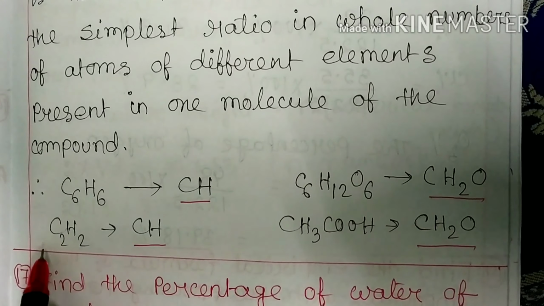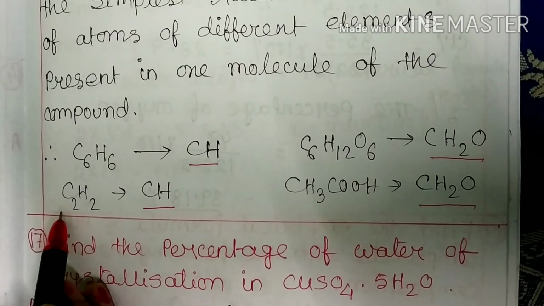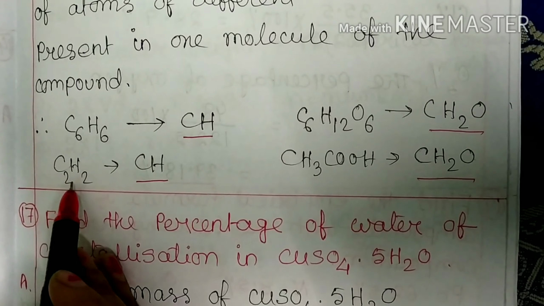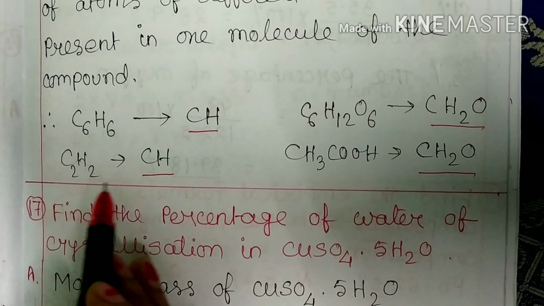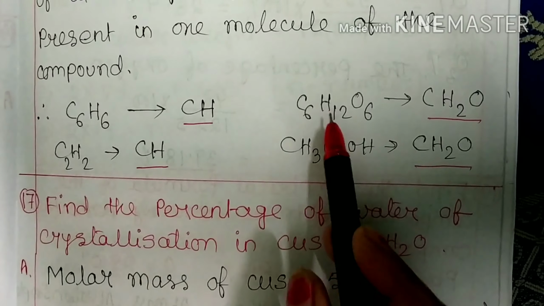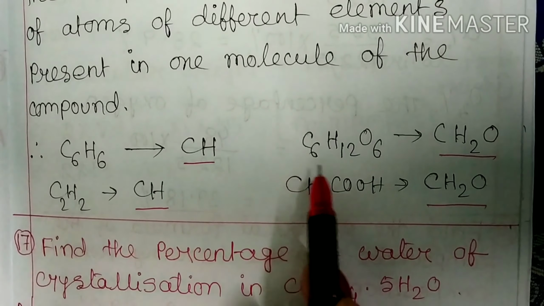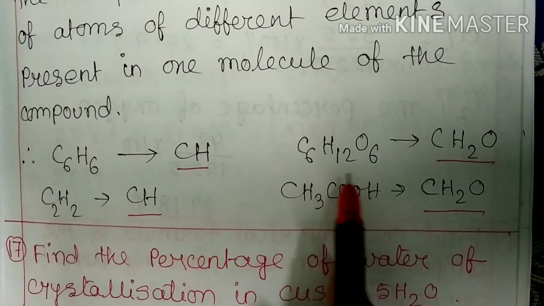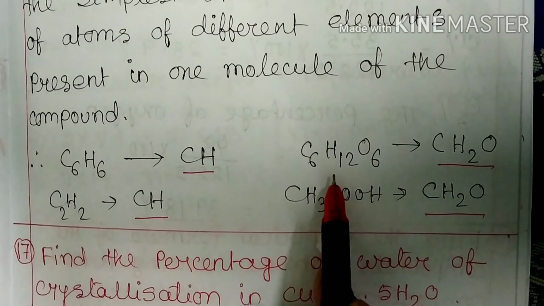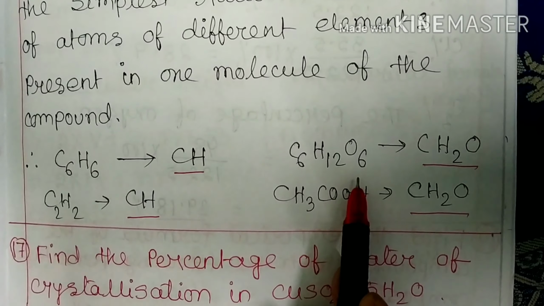Now C2H2, in case of C2H2, here number of carbon atom 2, number of hydrogen atom also 2. So the ratio of carbon and hydrogen is 1:1. So therefore the empirical formula is CH. Next, C6H12O6. Here number of carbon atom 6, number of hydrogen atom 12 and number of oxygen atom 6. Therefore carbon is to hydrogen is to oxygen equals to 1:2:1.